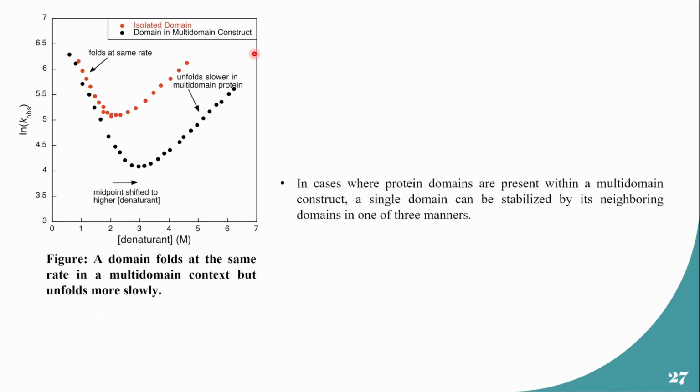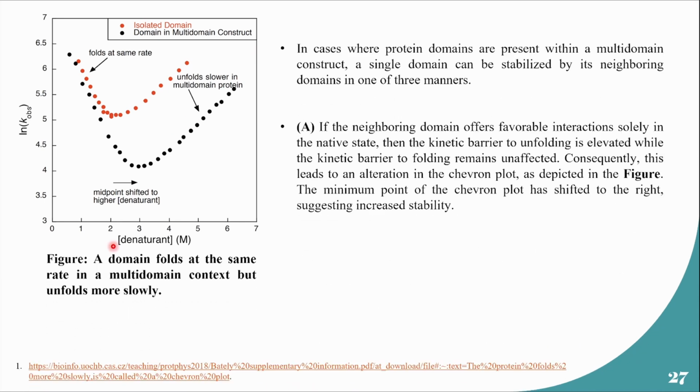For example, in the first example, what we have here is talking about the isolated domains data versus a multi-domain constructs data. And here it is saying that a domain folds at the same rate in a multi-domain context, but unfolds more slowly. So here we see that the folding is at the same rate, but the unfolding for the multi-domain protein is slower. And this is because of the domain-domain interactions and so on, right?